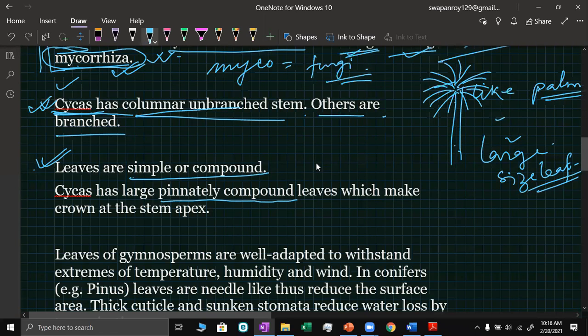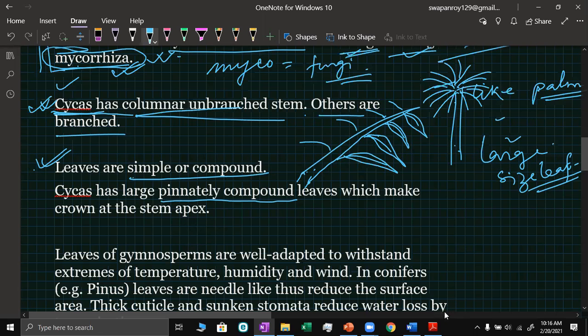Pinnately compound leaf, you know, has a leaf main axis, the rachis, and on both sides small leaves or leaf-like structures are there. So cycas has pinnately compound leaves.